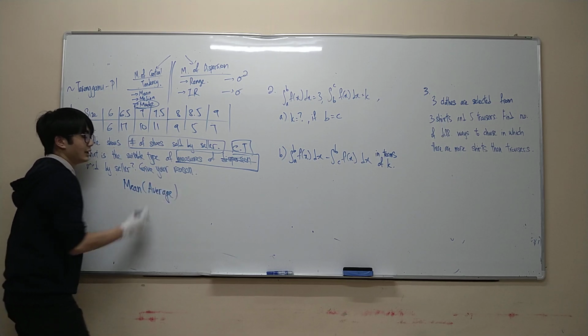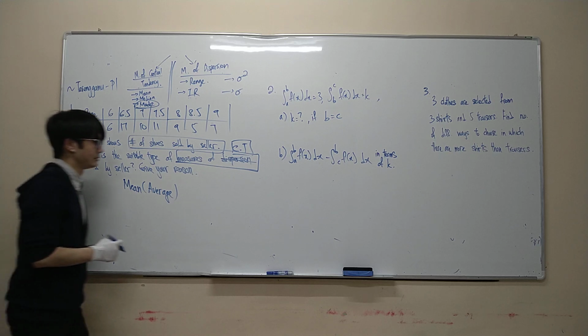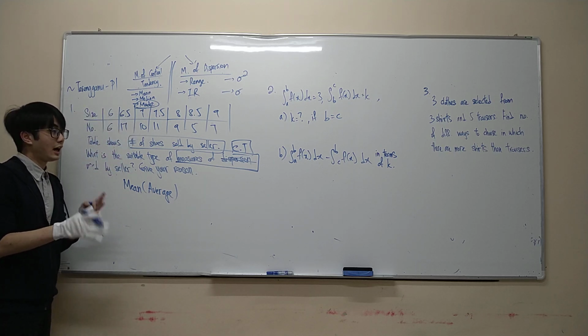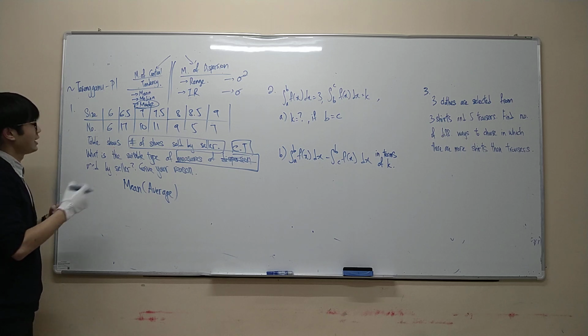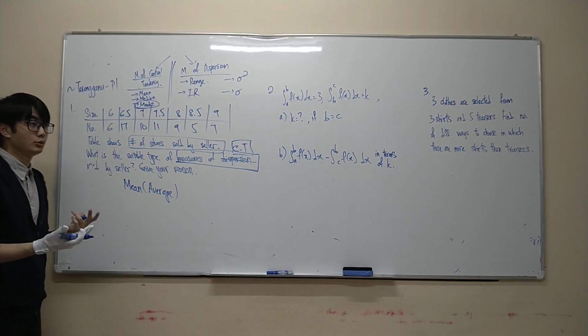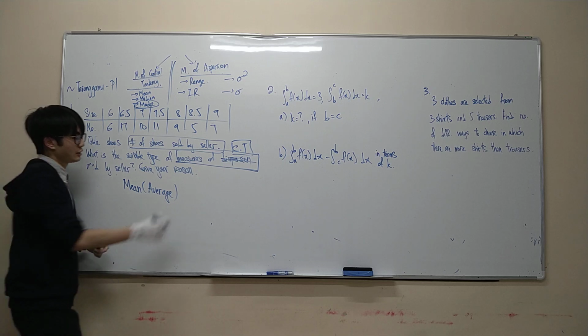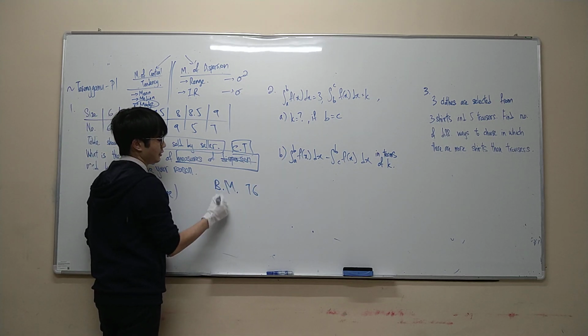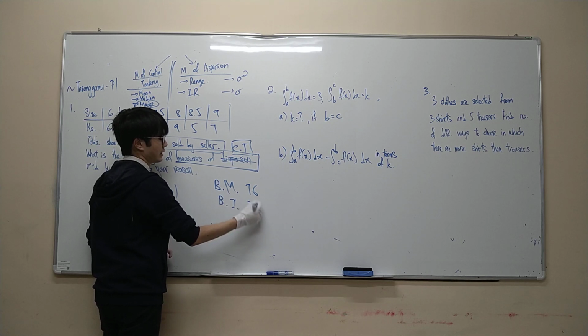For example, if you want to know how good this student performed in school, we use the mean. For Bahasa Melayu, this student gets 76. For English, he gets 70.